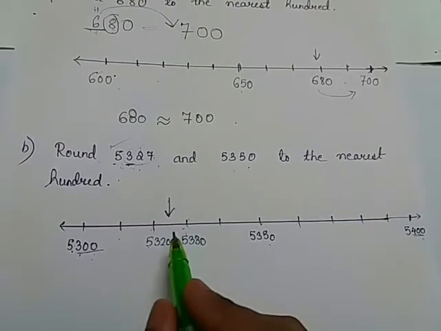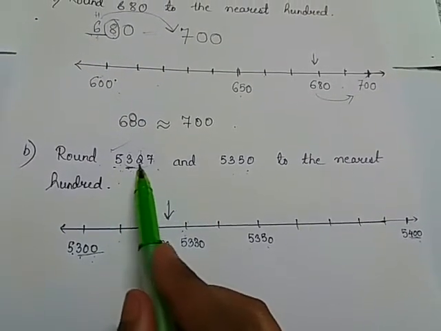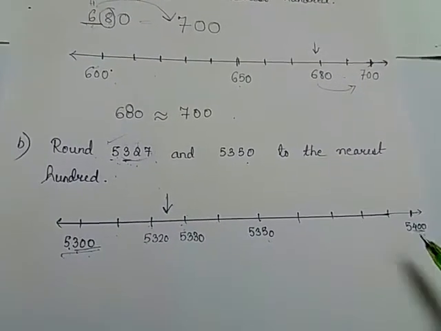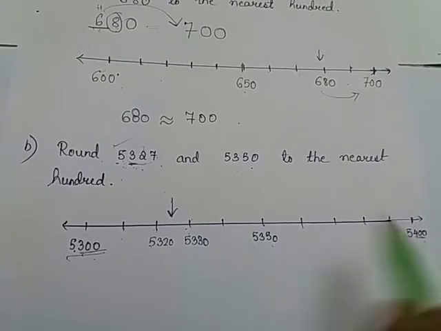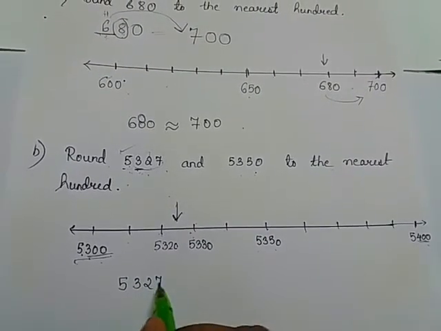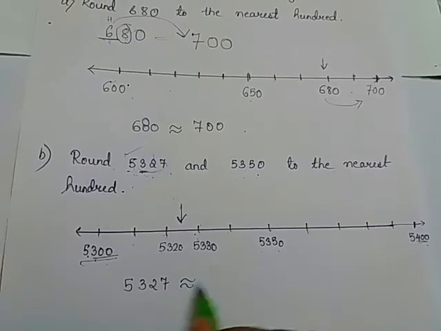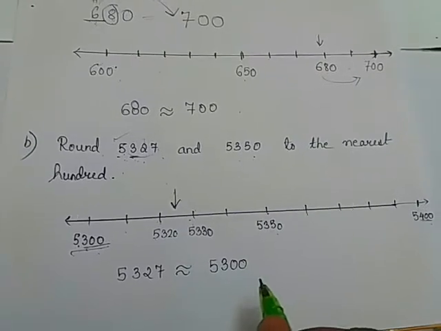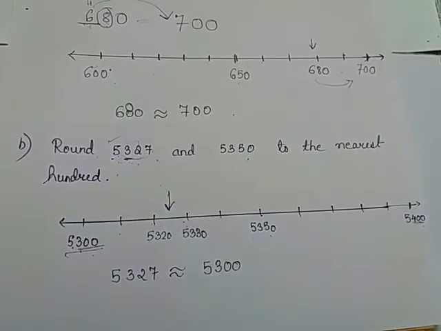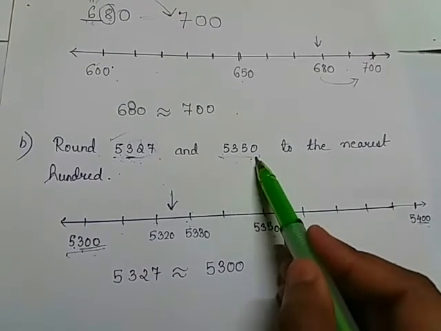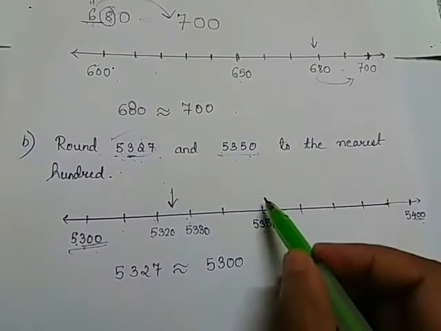That's why we can say that 5327 is nearer to 5300 than 5400. So we can say that the round off of 5327 is 5300 when rounded to the nearest 100. Now this number, 5350, is here.